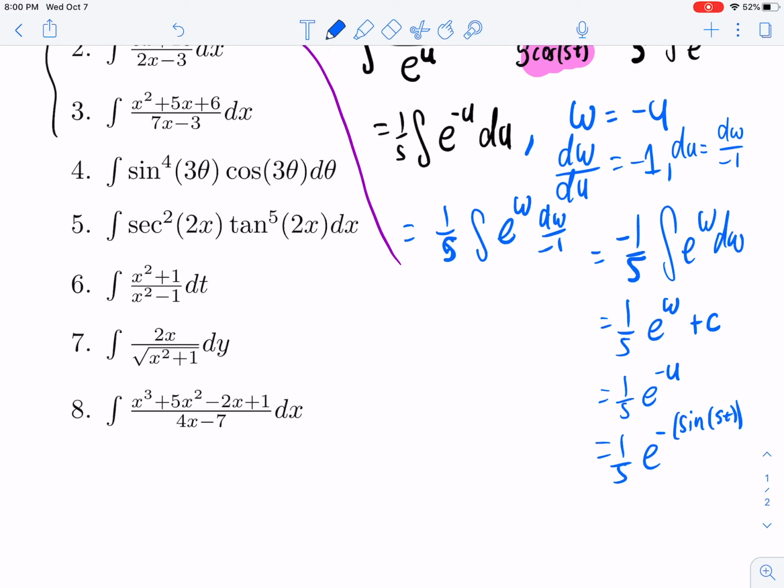So let me take a moment and let you guys stare at that. You might notice it's tricky because there are two u substitutions.